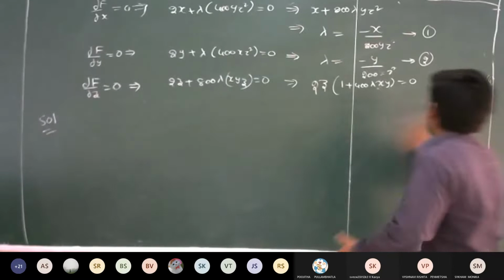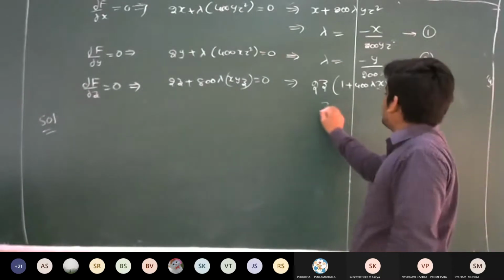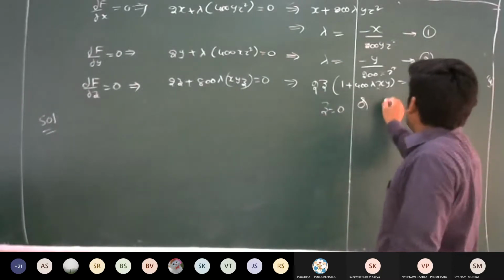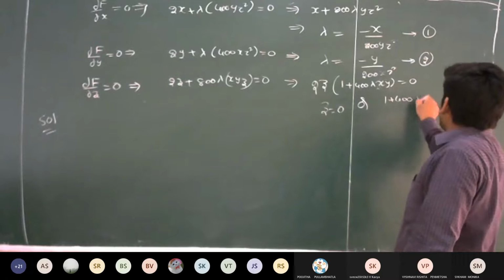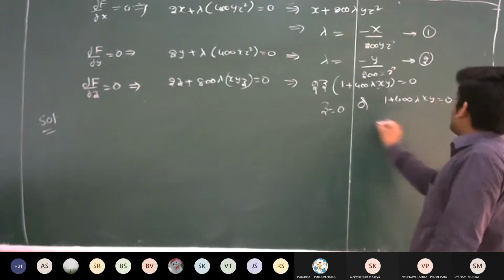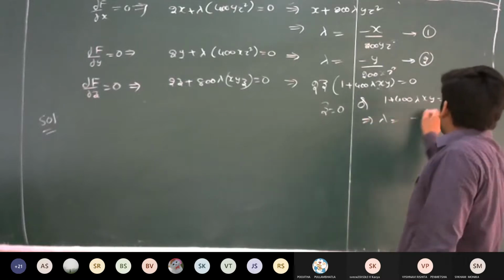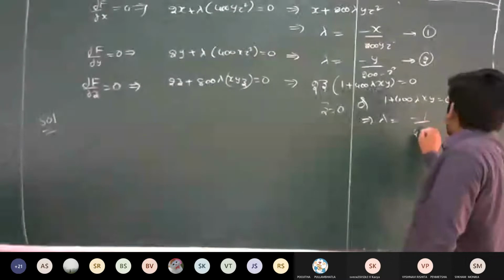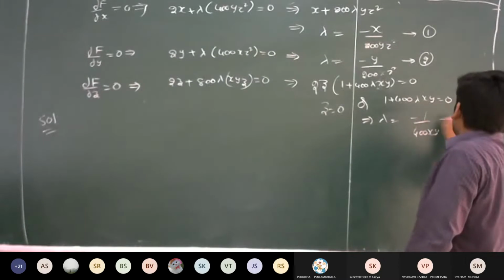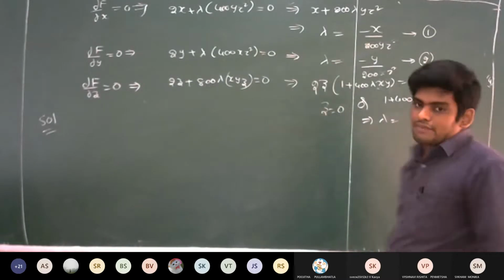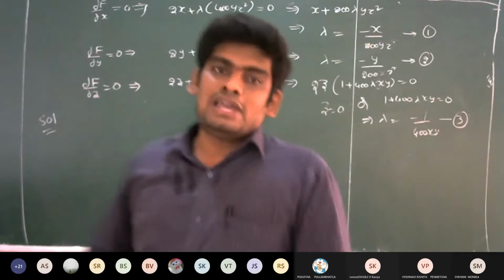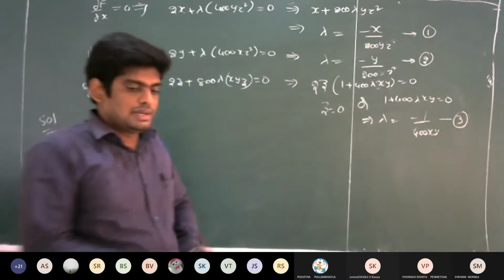Here the possibilities are z is equal to 0 or 1 plus 400 lambda x y is equal to 0, which implies that lambda is equal to minus 1 by 400 x y. Is it clear?